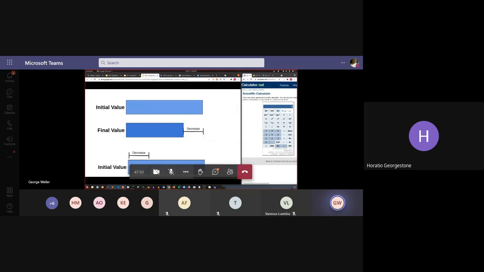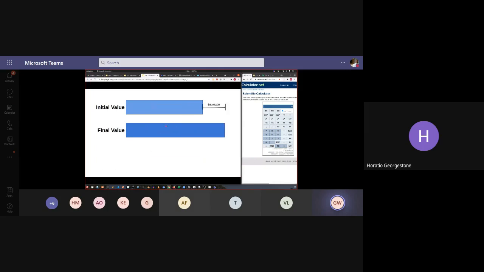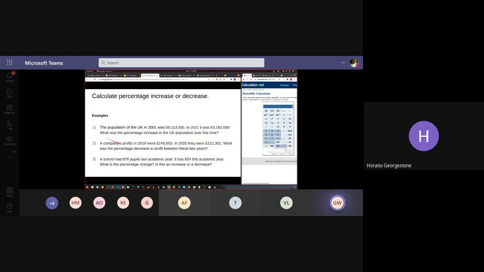So percentage decrease, again, we work out the size of the decrease. What is that as a percentage of the initial value? So let's have a look at question 2. A company's profits in 2019 were this much. In 2020, they were this much. I'm sure you can all guess what happened.